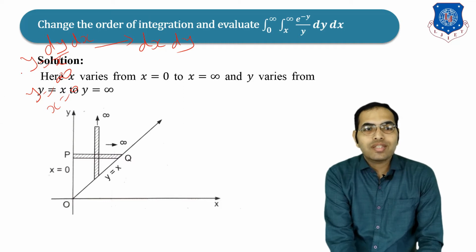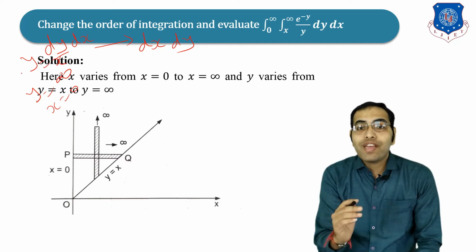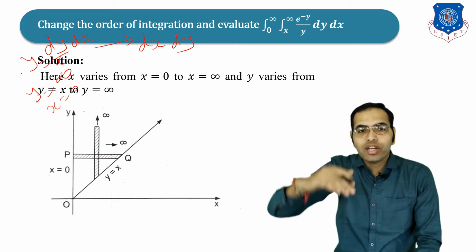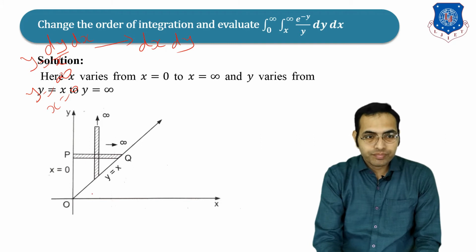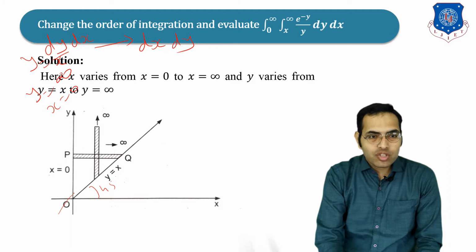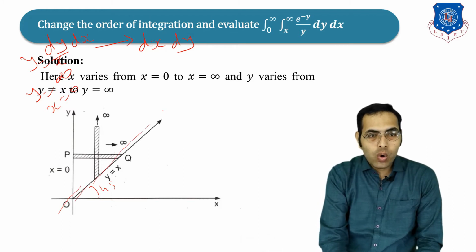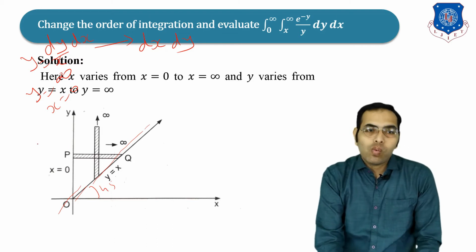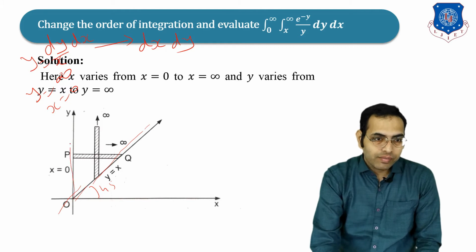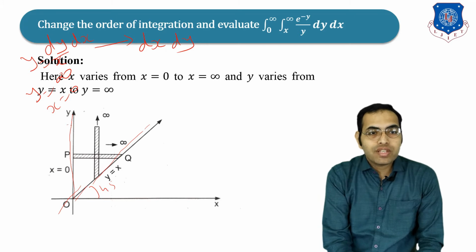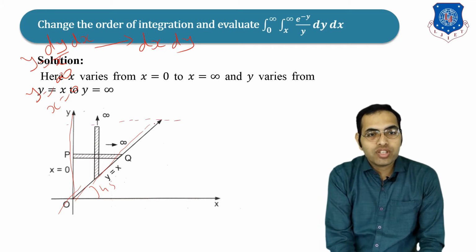Then according to this we draw the region. First, y equal to x passes through the origin at exactly 45 degrees, extending up to infinity. Now x equal to 0 lies on the y axis, which is here. Now y equal to infinity lies up at the infinite position.